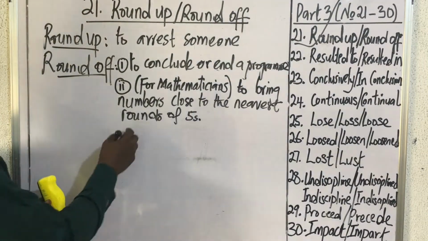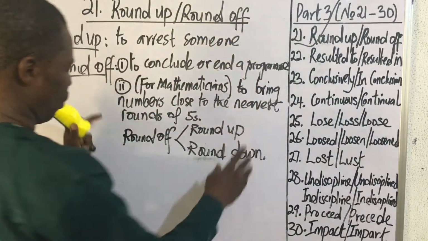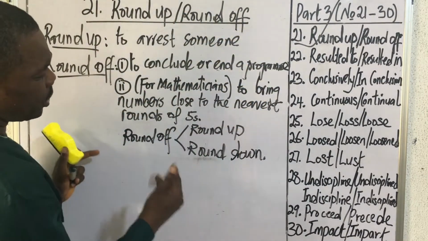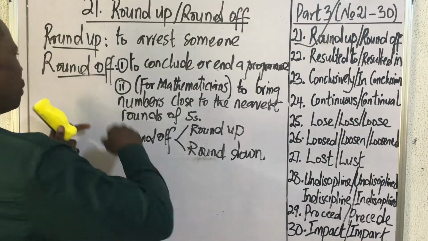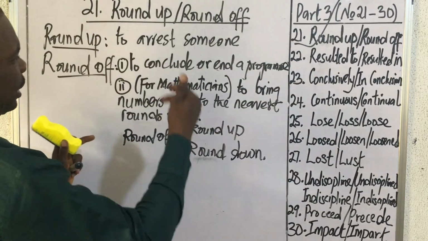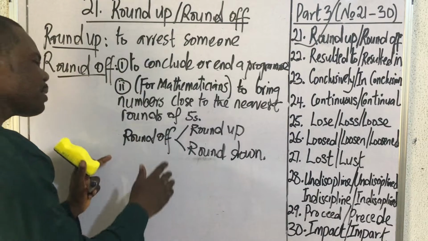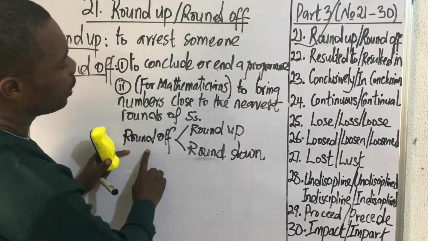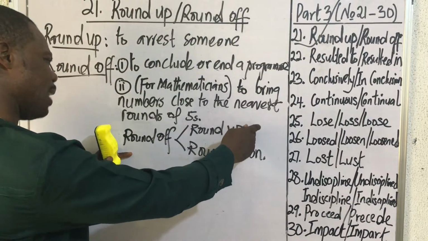So if you want to succeed with these words, you have to understand your context very well. Are you talking in mathematics or in general terms? In general terms, round off will mean to conclude. But in mathematics, to round off means to round numbers up or down.